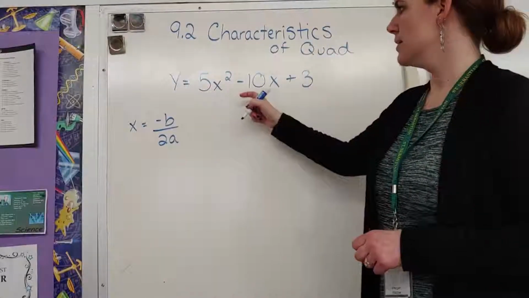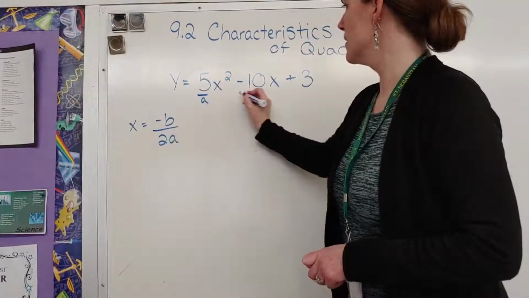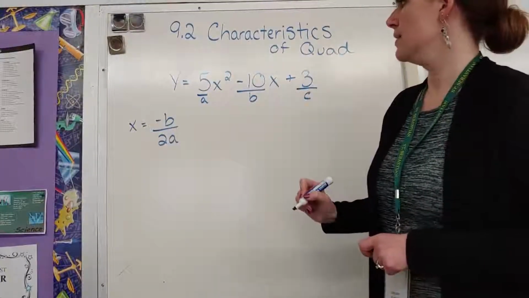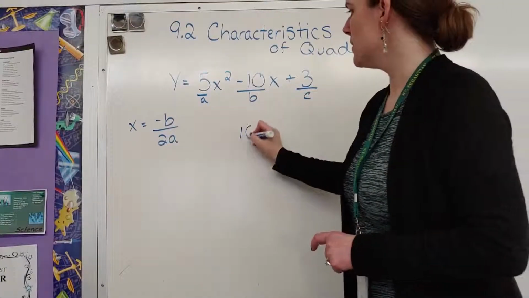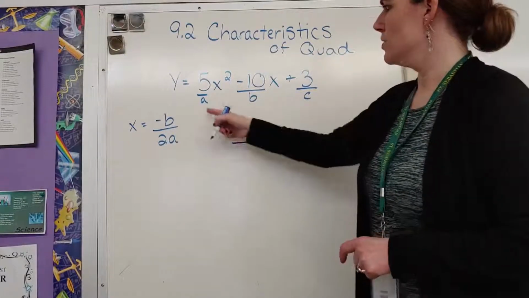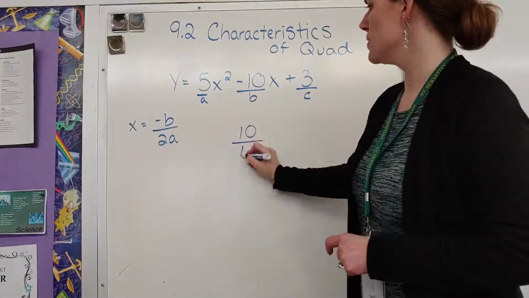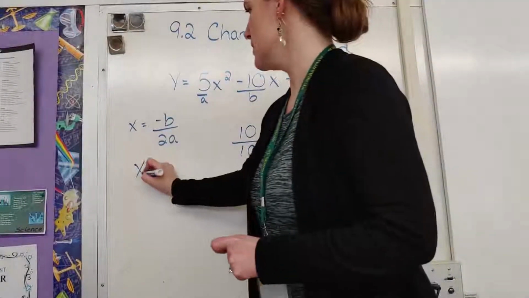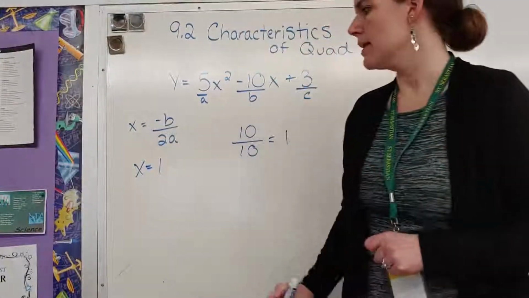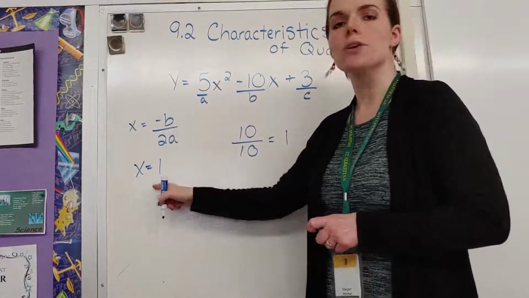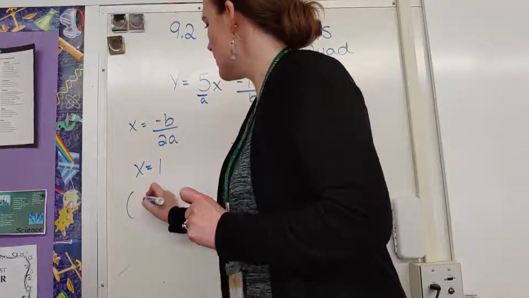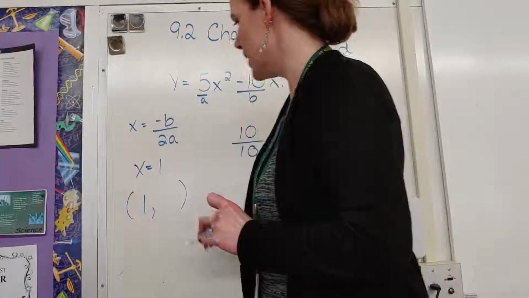So this is my a, this is my b, this is my c. Negative b would be 10. 2 times a would also be 10. So x equals 1. That is my axis of symmetry. It's also the x value of my vertex. So I already know my vertex is 1 comma something.